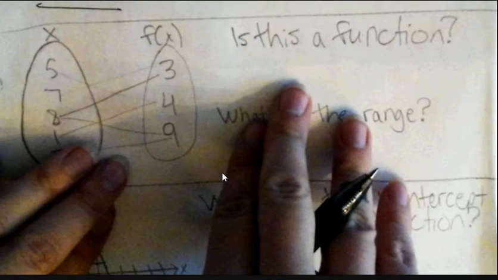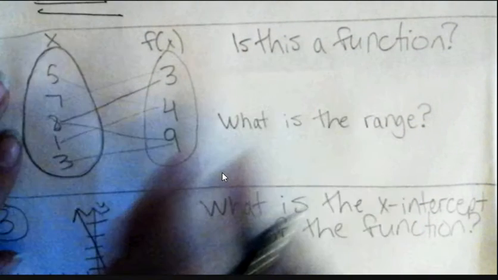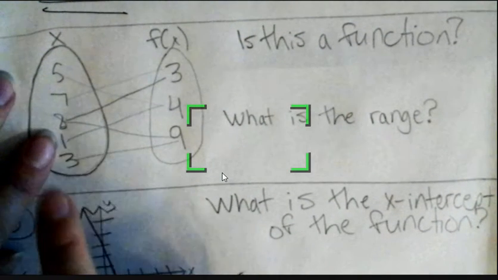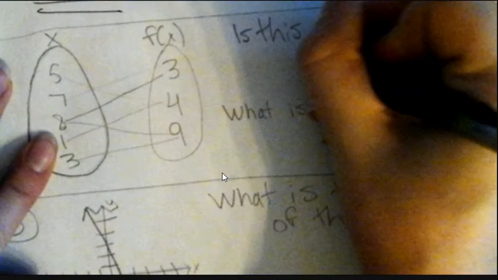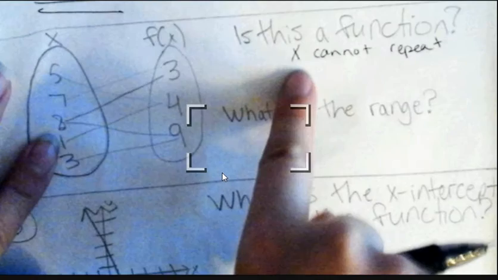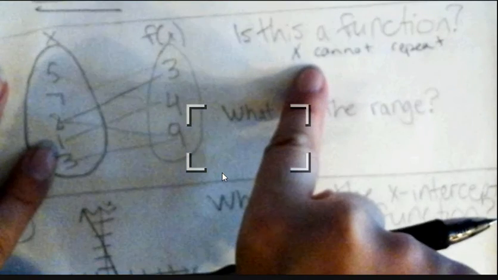Now for this one, is this a function? Remember, functions, the x cannot repeat. No x value will be matched with more than one y value. And f of x, so I have x here, f of x is another way to say y.